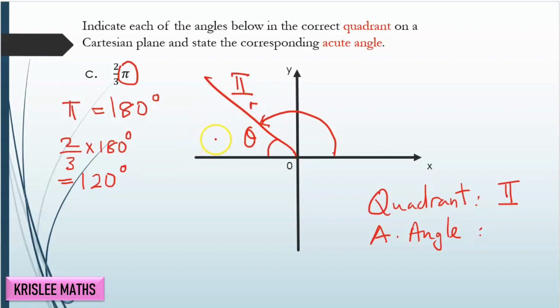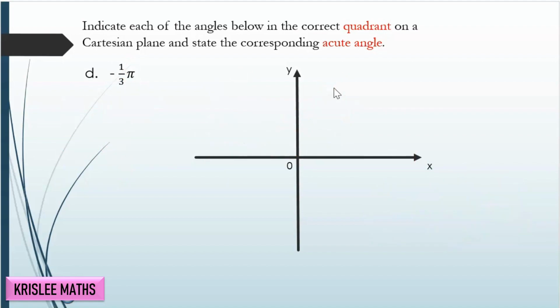So this is the radius. Since we have moved 120 degree, therefore there is another 60 degree left. So how did I get the 60 degree? Total 180 minus 120, therefore the acute angle is 60 degree.